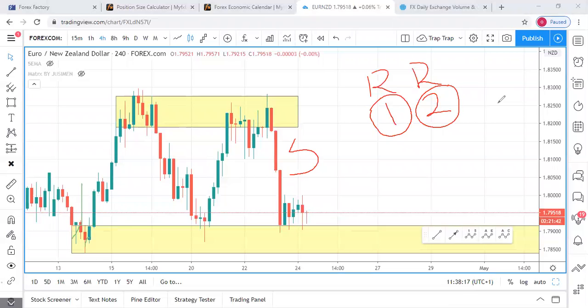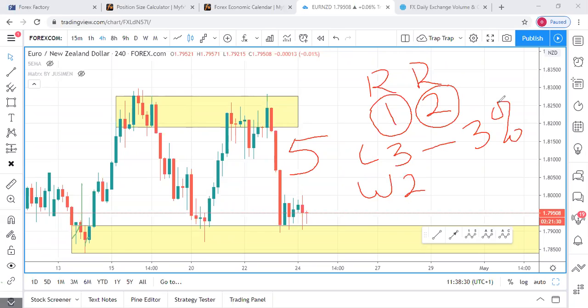If you take 5 trades and you lose 3 and you win 2, with these 3, you would have lost 3%. With these 2, you would have won 4%. You still have ended your day with 1% growth in your account, which is interesting. That's why we'll talk about risk to reward ratio, right?